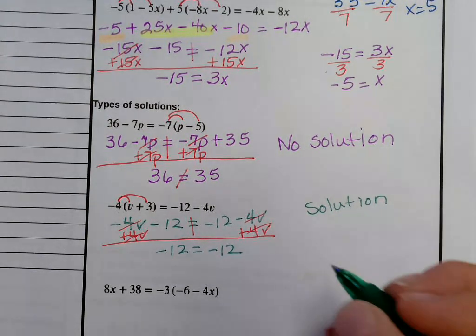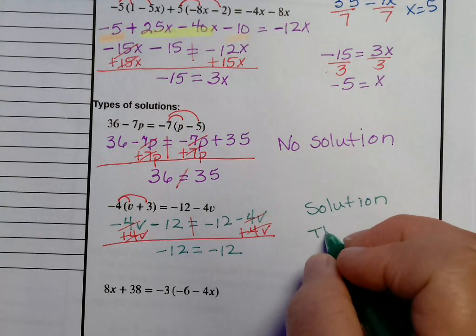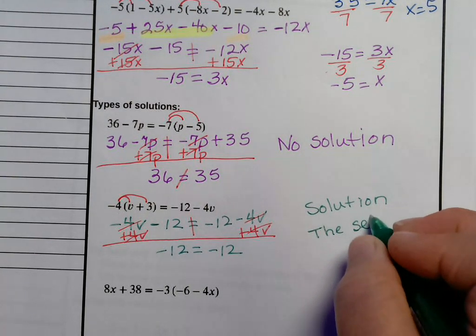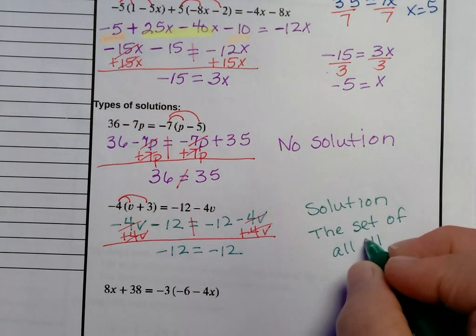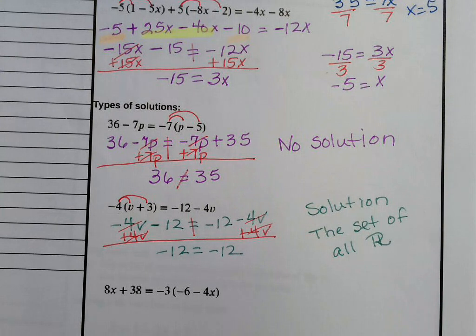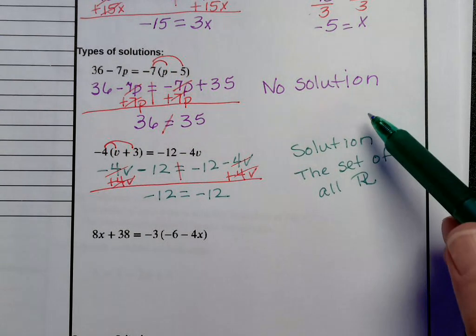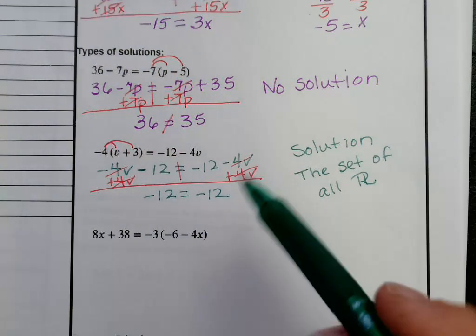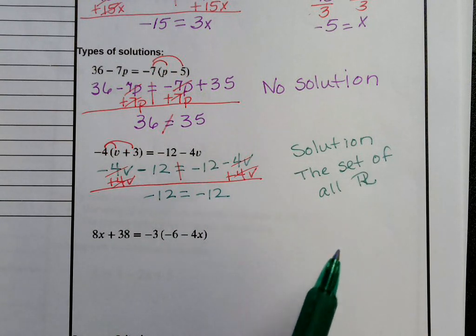Anything you put in there is going to work. Okay, remember we learned the symbol for real numbers. Okay, on the last one. So the first one, there's no solution because it can never ever happen. The second one, it always happens, so it is all the real numbers.